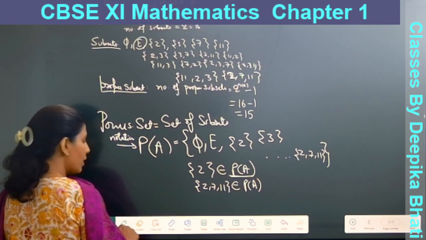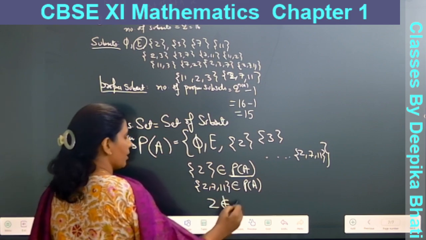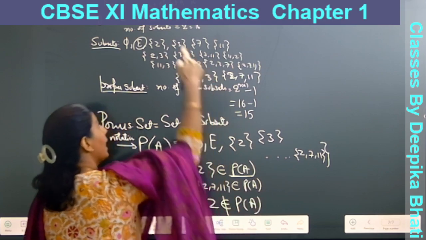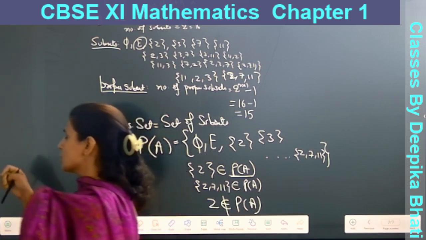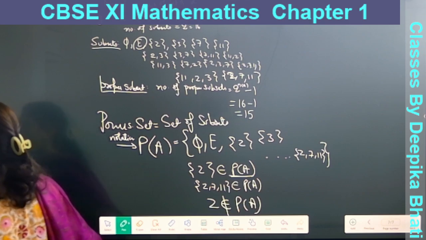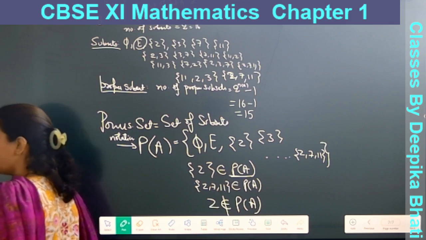No. 2 belongs to A but not to the power set of A.